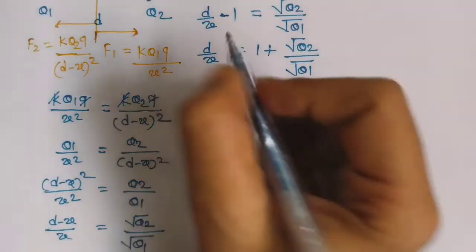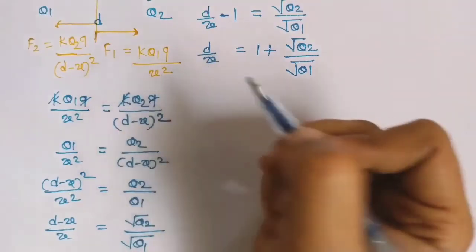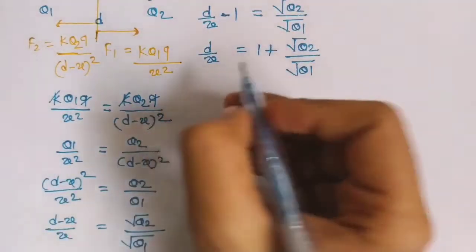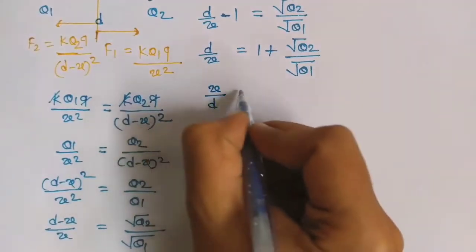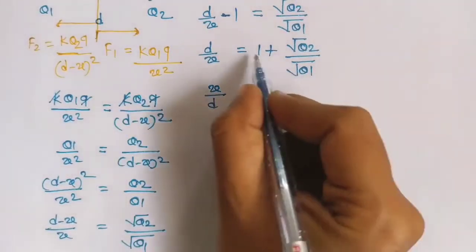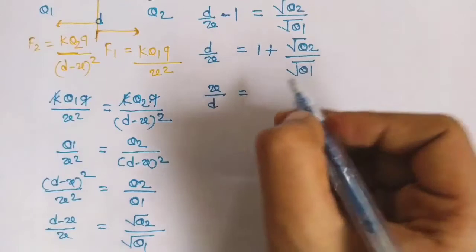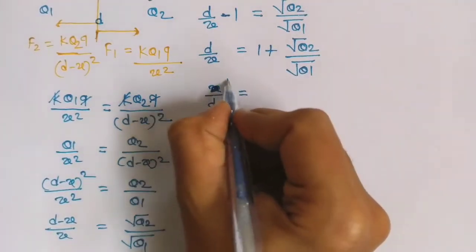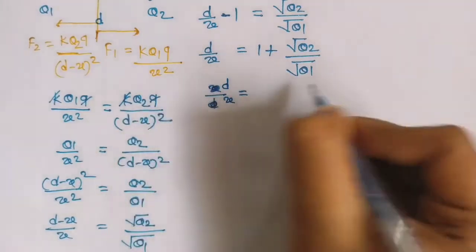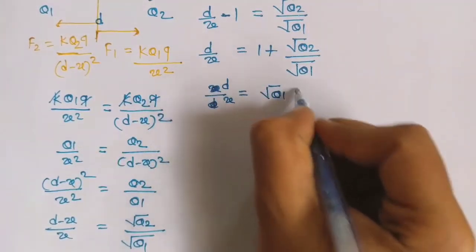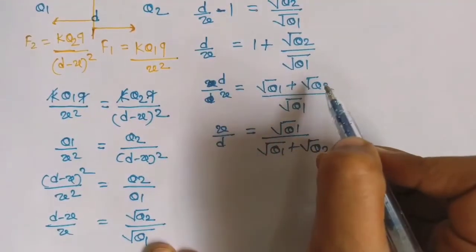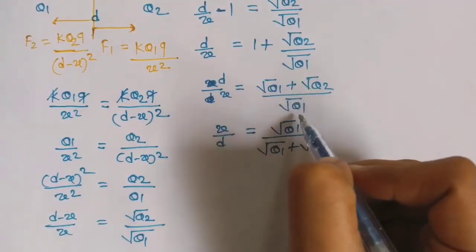So we have to find the value of x, so we can take the inverse of it. Cross multiplying, we first keep D by x, and this becomes under root Q1 plus under root Q2 divided by under root Q1.